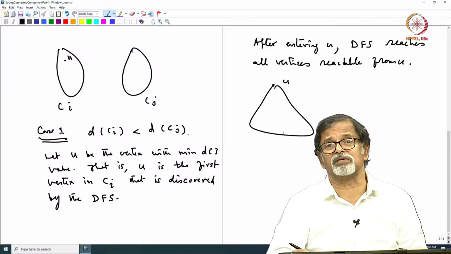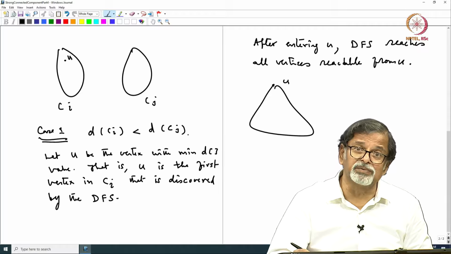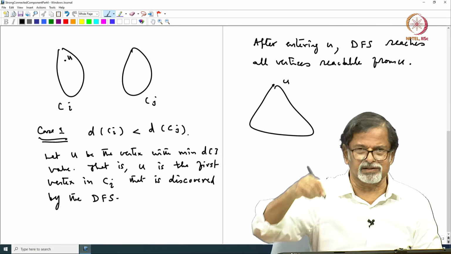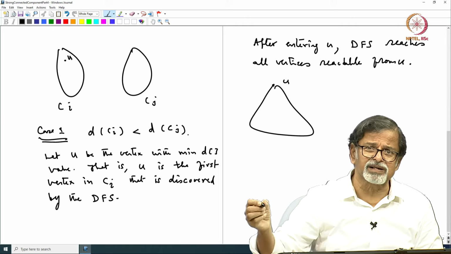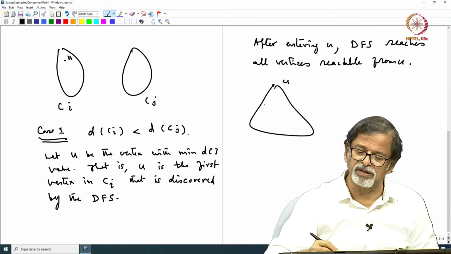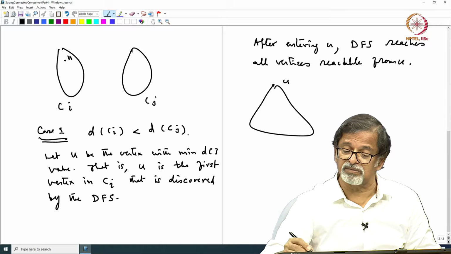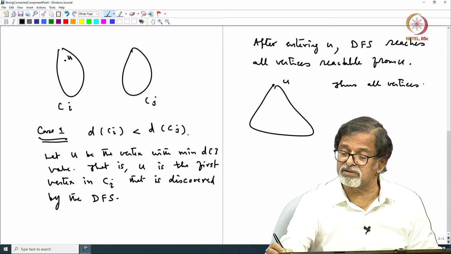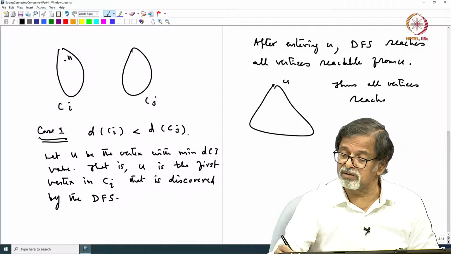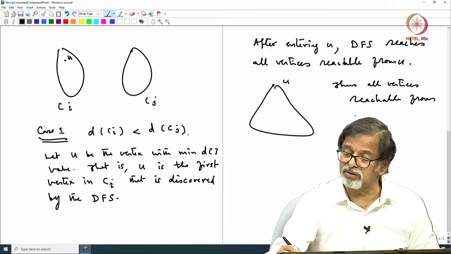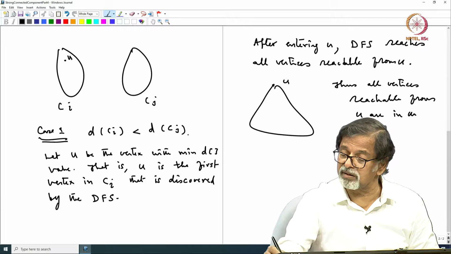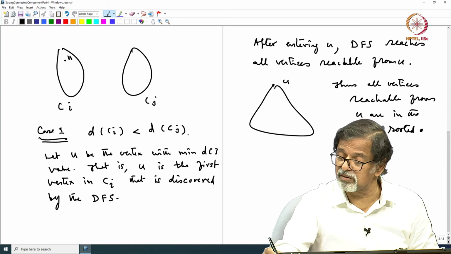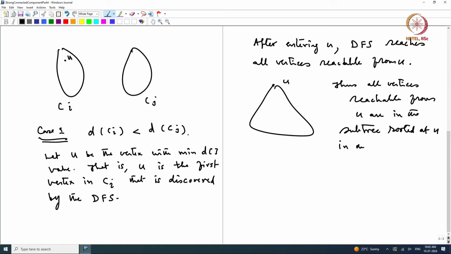All vertices reachable from u are in the subtree rooted at u, because you entered u and then you visited, then you backtracked, and so on. Thus, all vertices reachable from u are in the subtree rooted at u in the DFS tree.